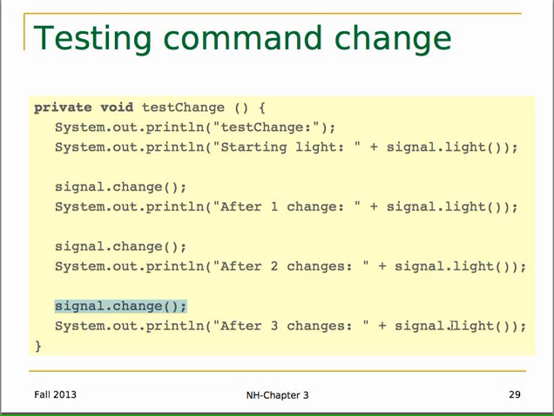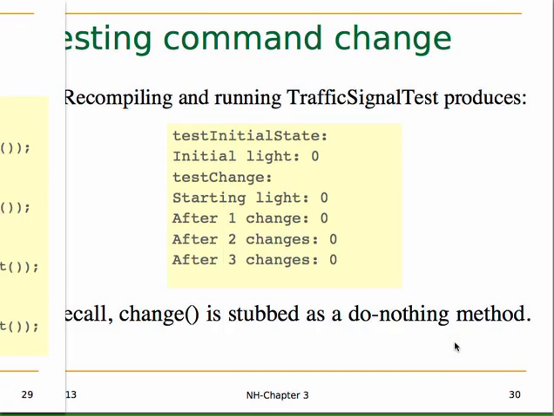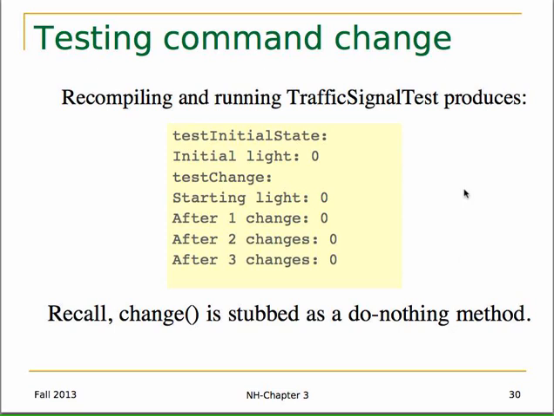So ideally, initially when we start, it'll be green, it'll go to yellow, red, and then all the way back to green. Hopefully that's what will happen. You compile it and test it, and it says testing initial state 0. That's fine, probably, assuming 0 is green, it's not the best, but that's okay. Test change will print out 4 lines, and it's saying that it's just 0.